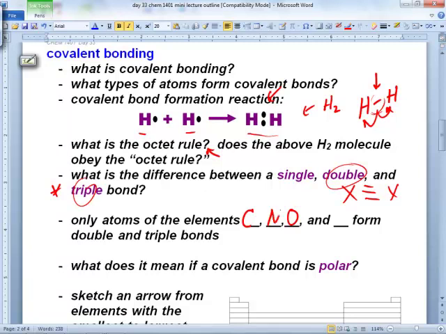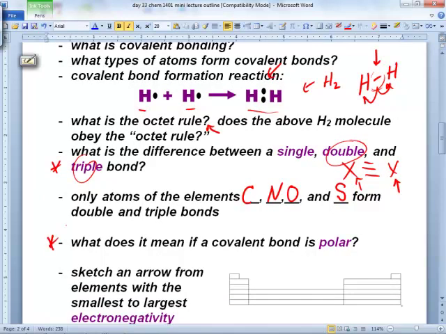Nitrogen. Last one. The only way I remember this is CNOS. These are the elements that can be the X, they can form double or triple bonds. Pretty much everything else doesn't do it. That's kind of a guide when we start writing these Lewis structures for molecules.